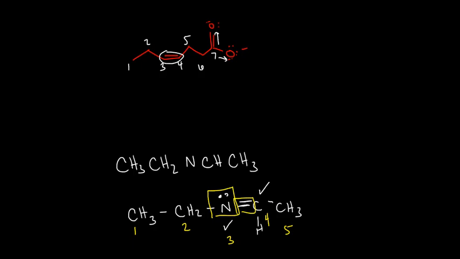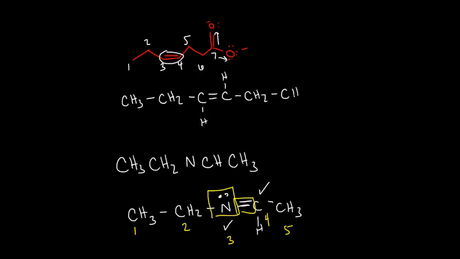So this must be CH3, CH2. Now carbon 3, we have a double bond. So we're going to have C double bonded to C. To complete the octet here, I only need 1 hydrogen and 1 hydrogen. So that's carbon 4. Now carbon 5, I have CH2.